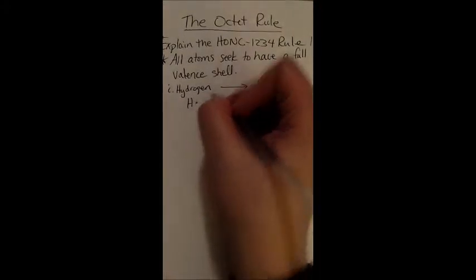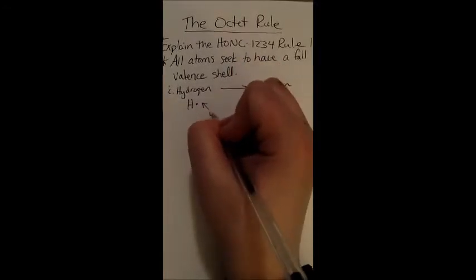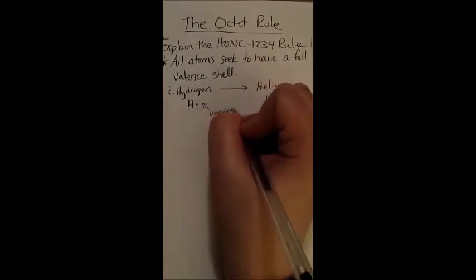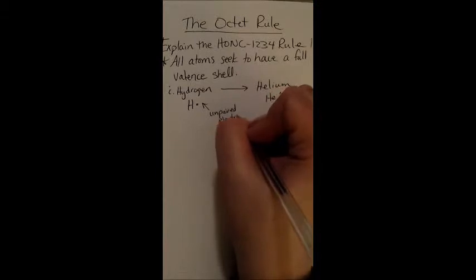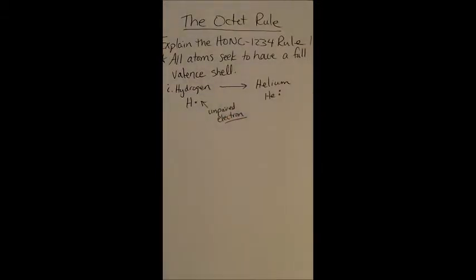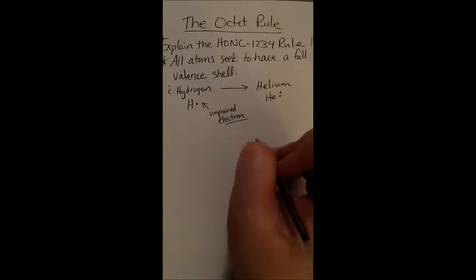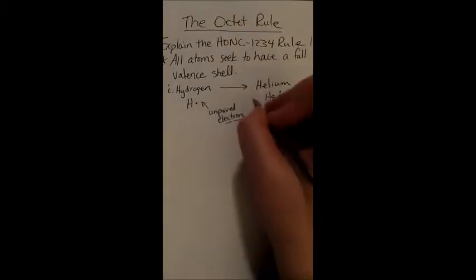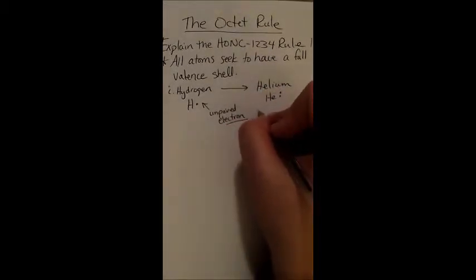So this dot is an unpaired electron. For every unpaired electron that we find in our Lewis dot structure, that electron wants to have a bond. So with one unpaired electron, it wants 1 bond.